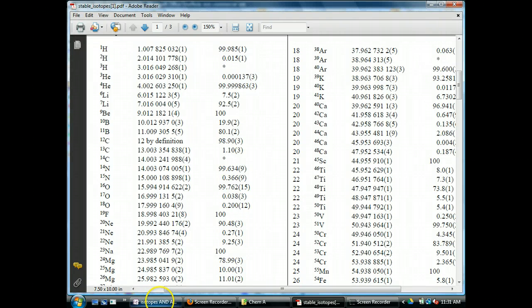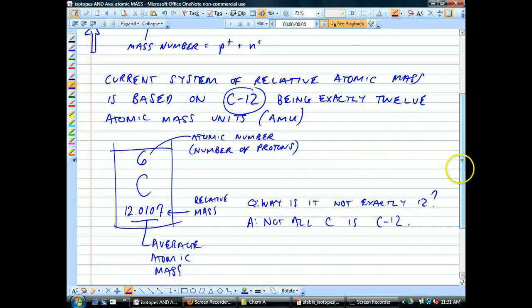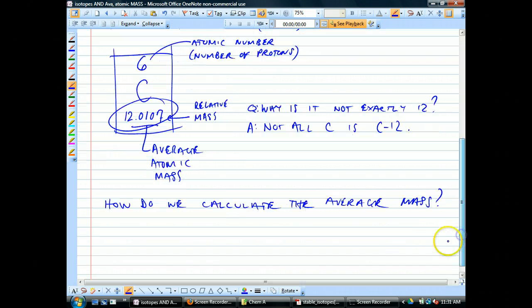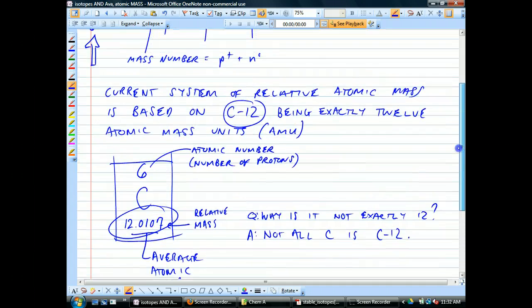Now, how do they get this average? So here's our average. We said that's the average mass of carbon. So how do we calculate the average mass? Well, first of all, you might be tempted to take the two masses.